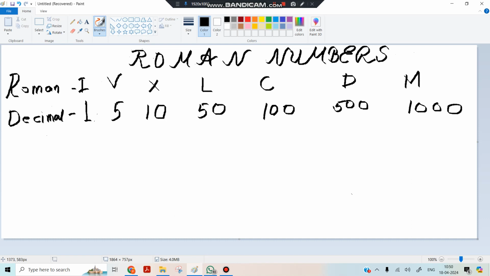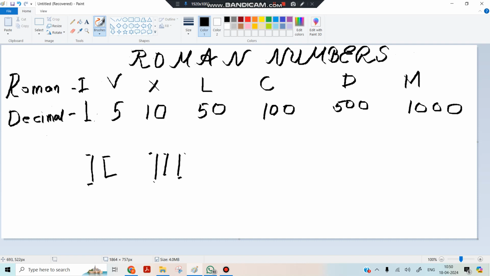The first rule is that 1, that is I, and 10, that is X, can be repeated maximum 3 times. So if you want to write 2, you will write the 1 2 times. If you have to write 3, you will write the 1 3 times.